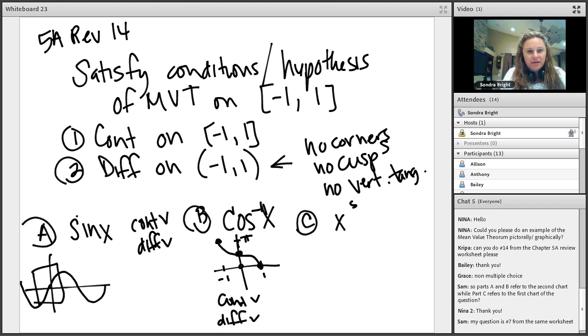X to the 5/3. Well, that one's not as easy to figure out, huh? I ran out of room. The graph of this, you could do some, well, you don't even have a calculator.